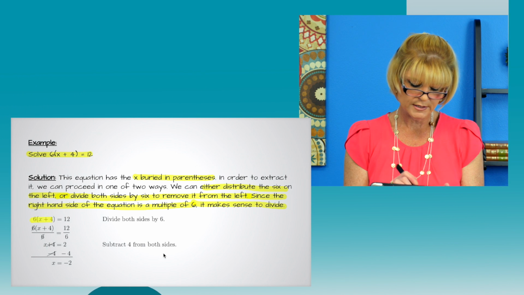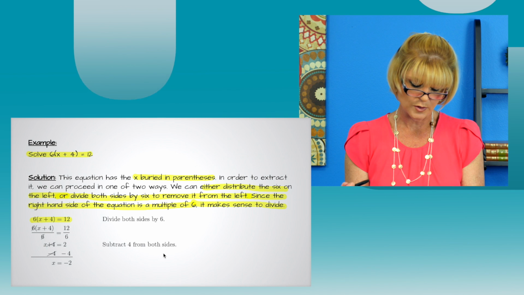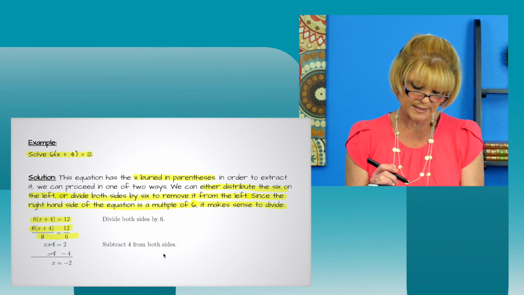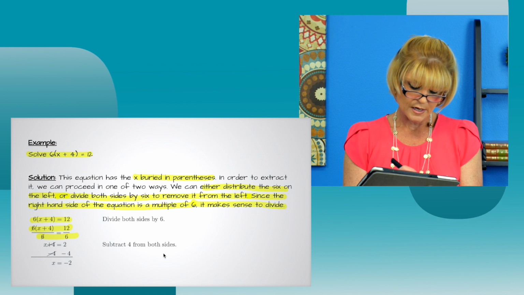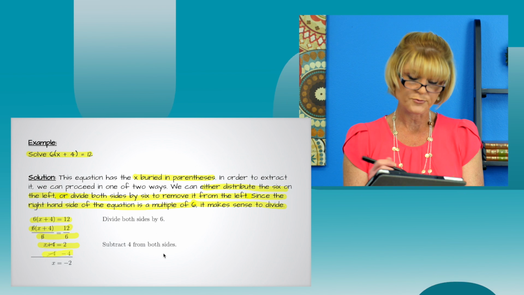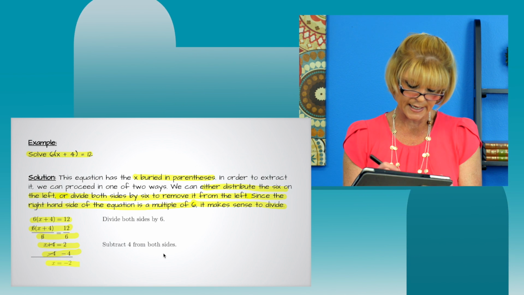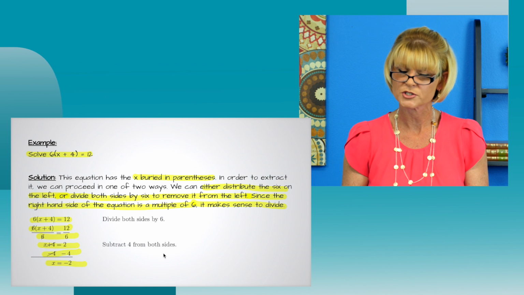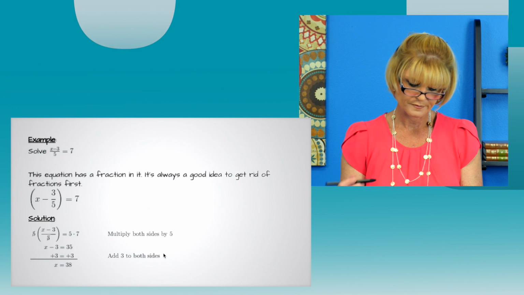So all we're going to do to get rid of that 6 is divide both sides by 6. The two 6's cancel out, and we get x + 4 = 2. Then we just subtract the 4 from both sides. We get x = -2. So two-step equations are just like one-step equations. You just do two of them.